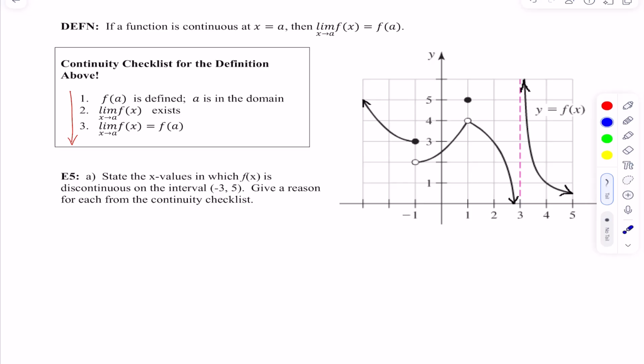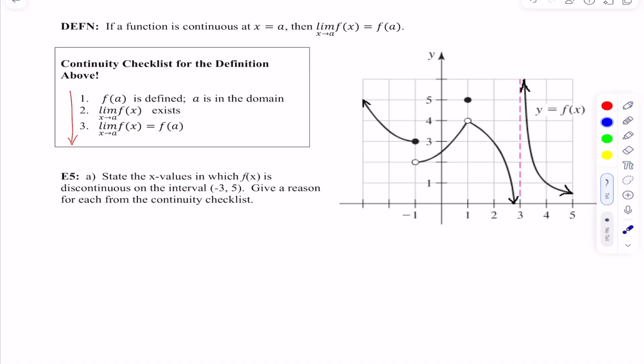Let's look at this in greater detail with an example. Let's state the x values in which f of x is discontinuous on the interval -3 to 5. Notice -3 is here, and we're trying to figure out whether this function is actually continuous.